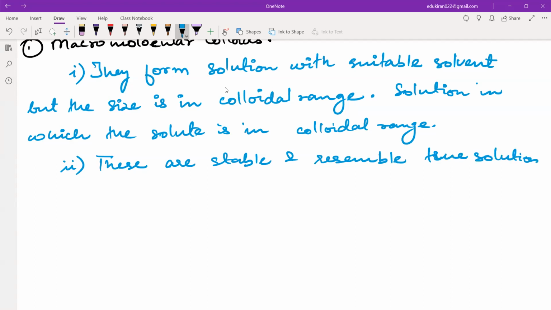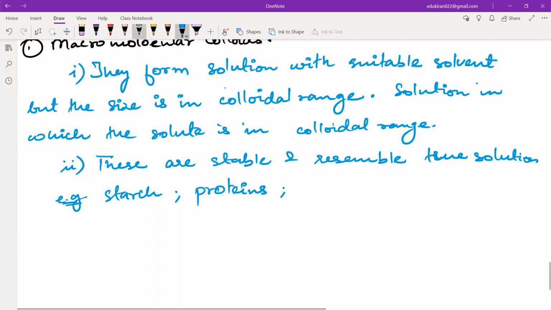Examples would be starch and proteins. If you add starch or protein in something, they will dissolve and resemble true solutions, but they are known as macromolecular colloids.